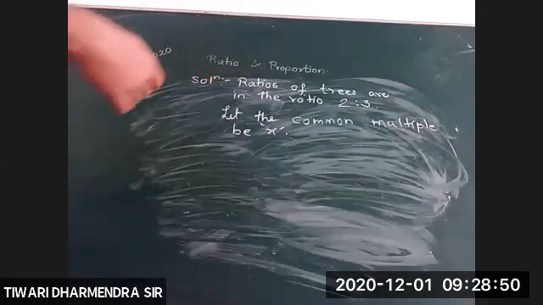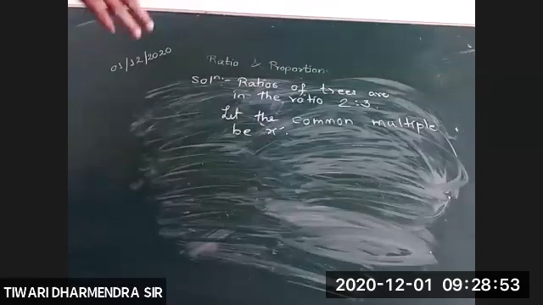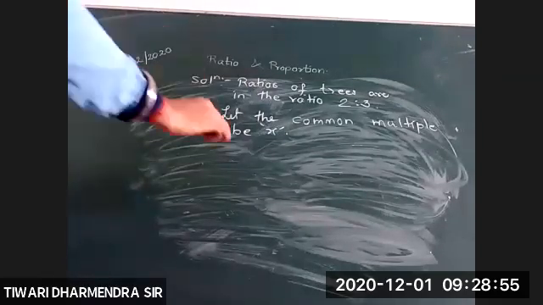Therefore, as we have taken a common multiple, we don't know the exact number, but we can write that number. See how?